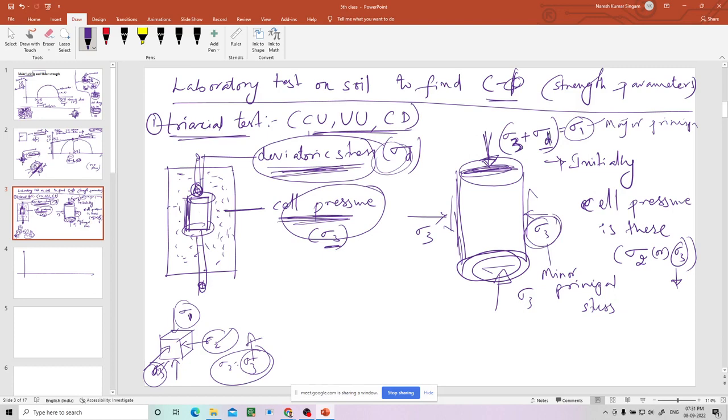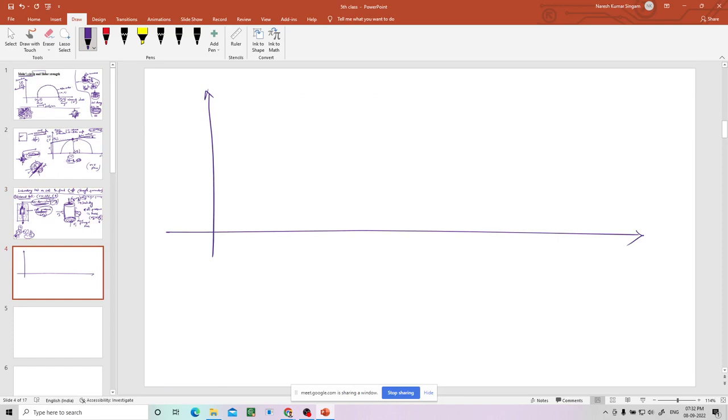You are slowly increasing. At one point what happens? The soil will fail. So at that point, whatever is sigma 3 and whatever is sigma 1, let us take them as sigma 1f and sigma 3f. Now the Mohr circle.